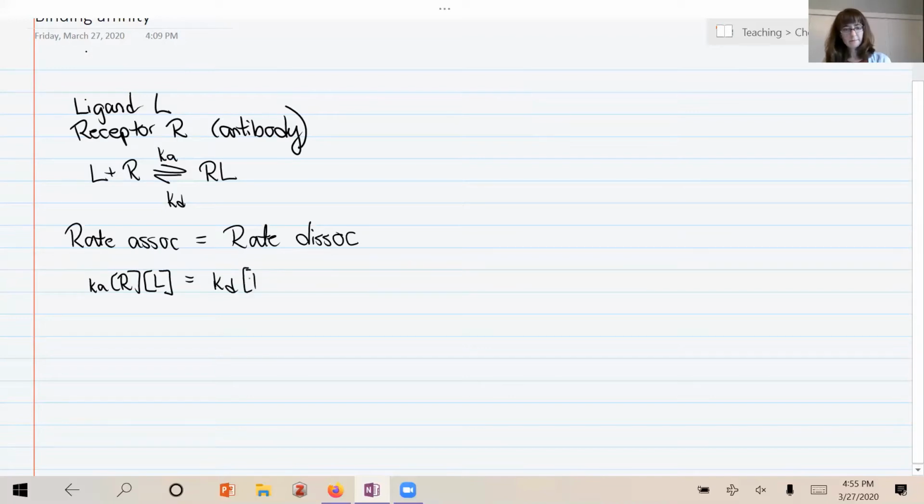Okay. It's worth pausing here and asking yourself, what are the units for these things that we're talking about? And so you can ask yourself, what's the unit for rate? You can pause the video and think about it. But the units for rate should be in moles per liter per second.